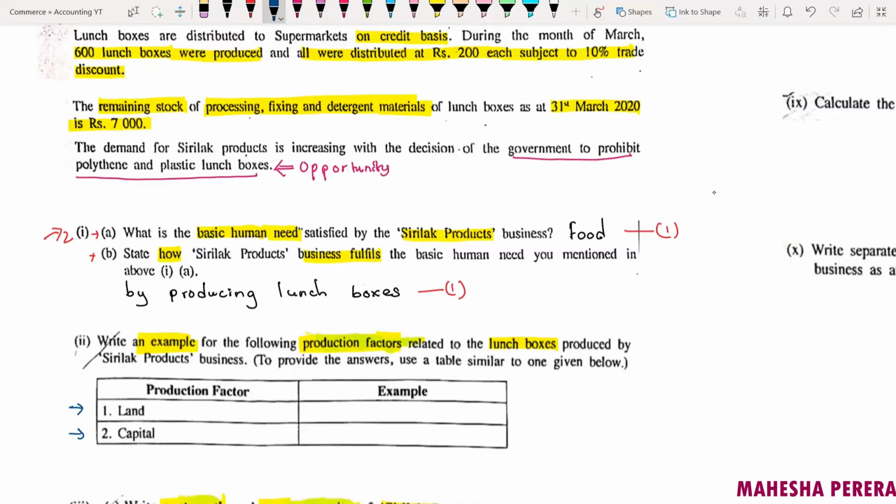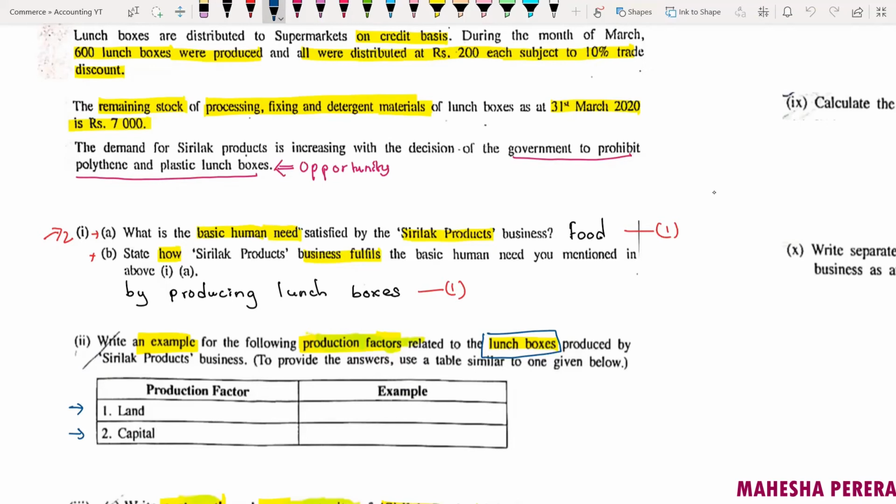Now for land. So what is land actually? Before deciding on the examples, you have to understand what the product is. Obviously, it's lunch boxes. The product is lunch box, right? So to produce a lunch box, in this case, the land factor means the natural resources used to produce lunch boxes.